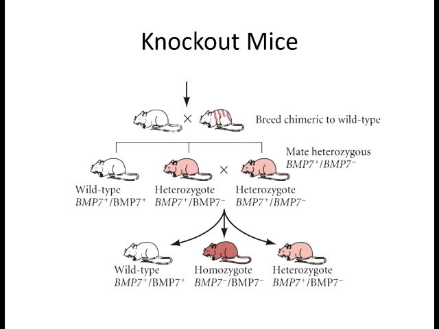Some of the mice will have incorporated the transgenics into their germline, which is the sperm and the egg and whatnot. So then you breed these mice together, and in the next generation you can get mice that have that gene knocked out or that gene inserted in their entire genome. So it usually takes 2 generations to make these knockout mice.